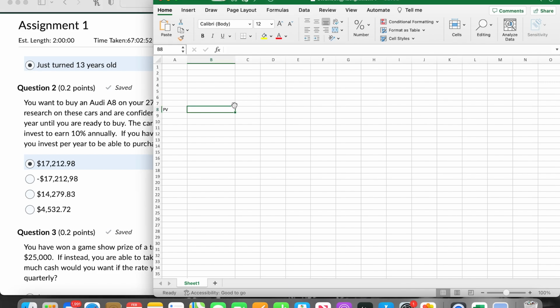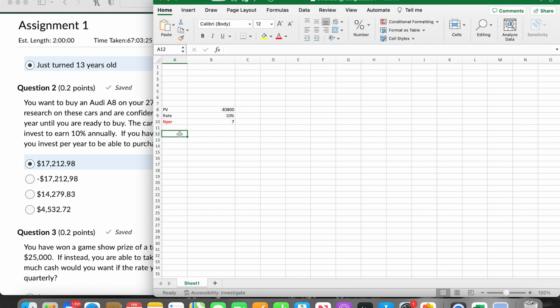So the PV is that negative $83,800, as that's what it would cost if you were to buy it today. And the rate, it appreciates at 10%. And the number of periods that you would be looking at is 7, because it would take you 7 years.